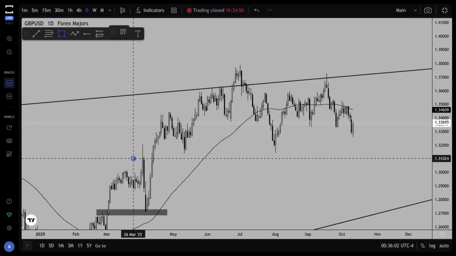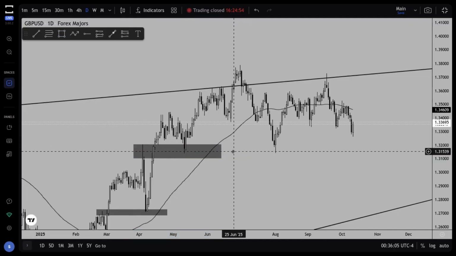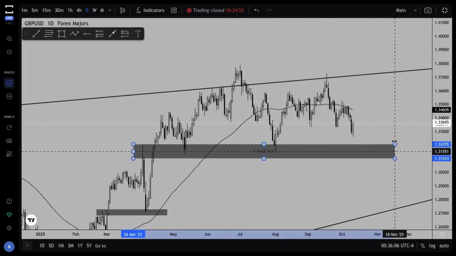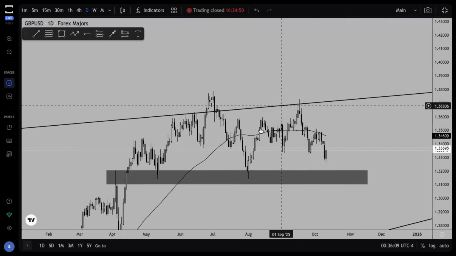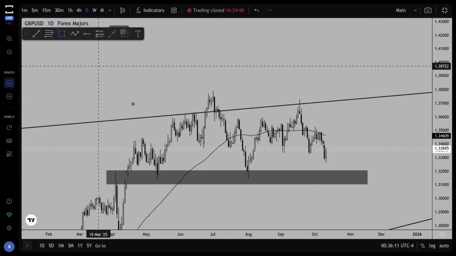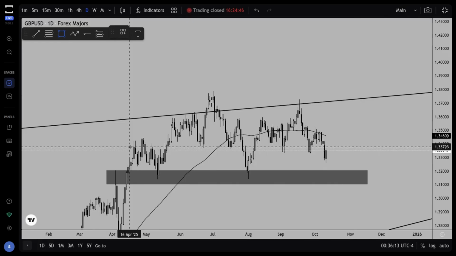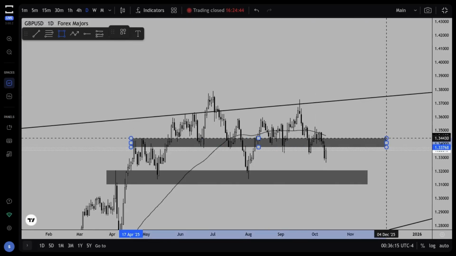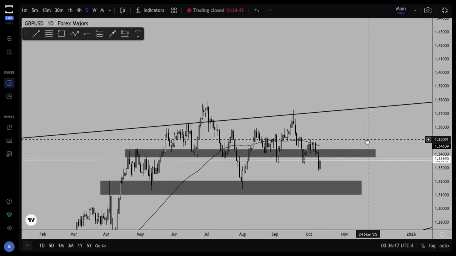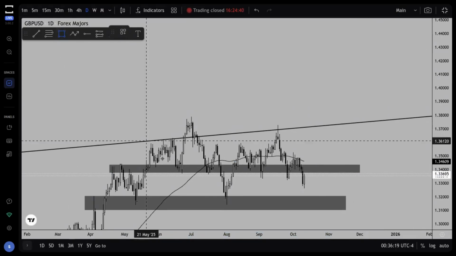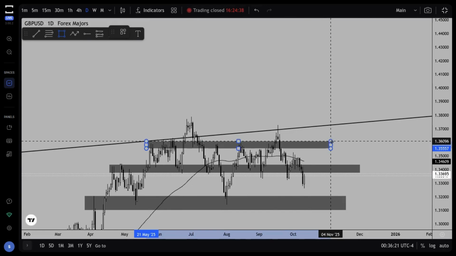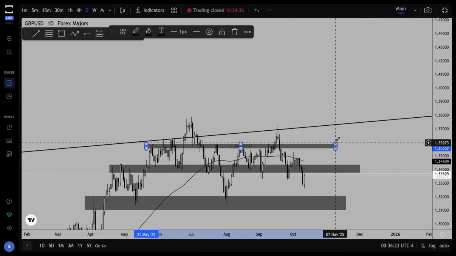Yep, so these were my areas coming into the week. Another one, this was a major one because you can see so much activity right there on that support.